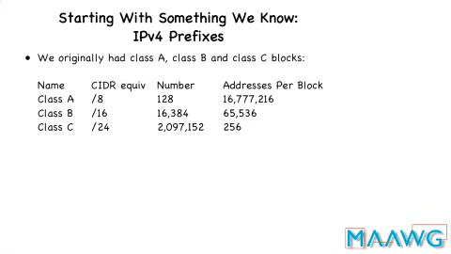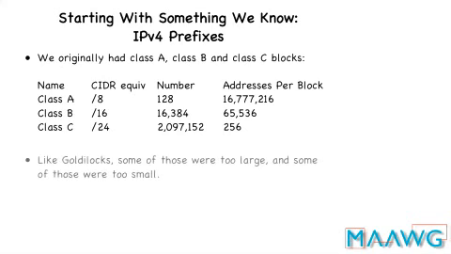Let's talk about prefixes a little. Again, this is something we all are familiar with, or at least many of us may be. And in the old days, we used to have /8, /16, /24s. And you could go ahead and figure out how many of those you could potentially have. And you could also figure out how many addresses would be in each of those size blocks. The problem is some were too big and some were too small.